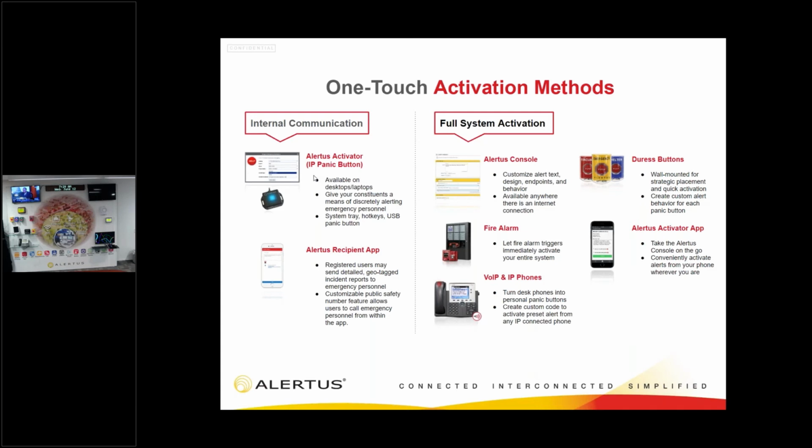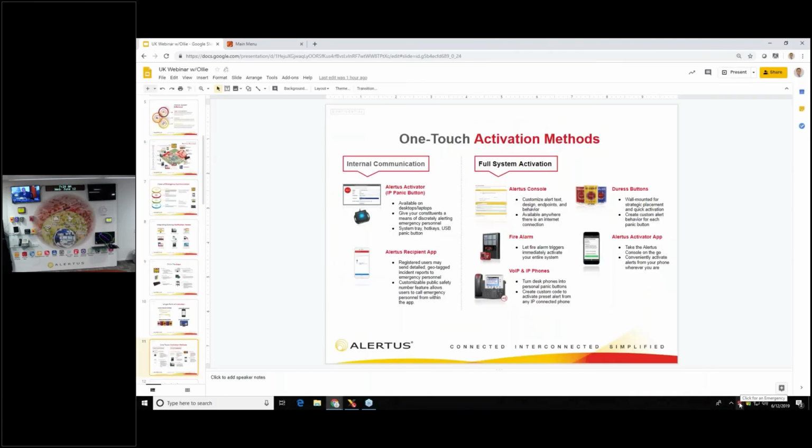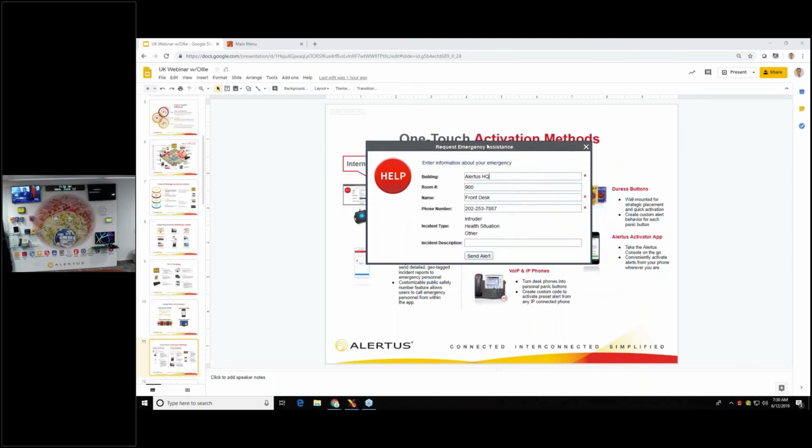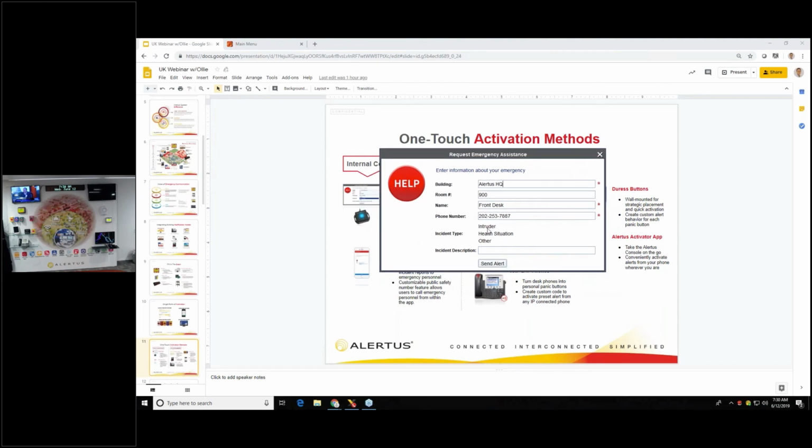But at the same time, we give you the ability to have your staff alert you in the event of an emergency as well, whether that's from the report incident feature on the recipient app, someone pushing a discrete USB panic button, or somebody utilizing the desktop panic button that, when clicked, brings up all the details of the logged in user of that computer so that they can type in whatever information they have on that intruder.